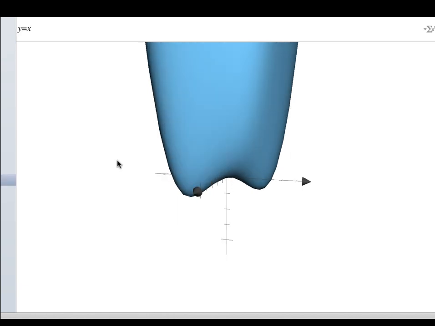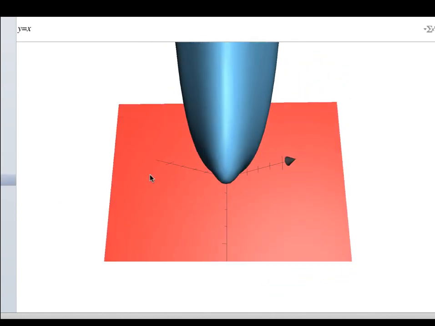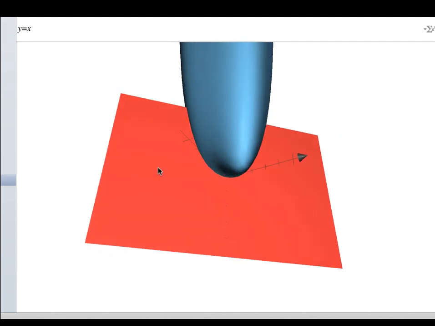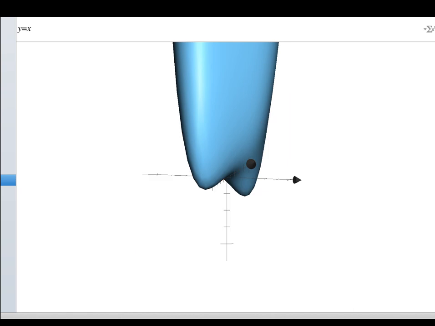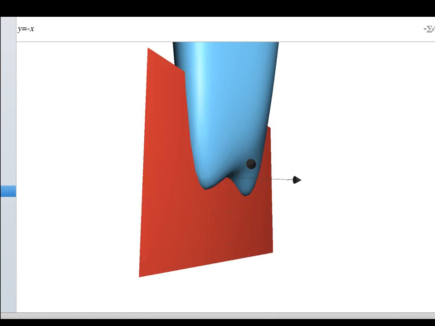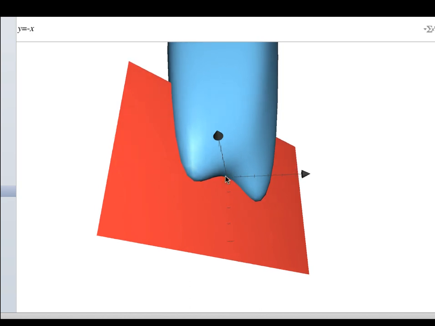The saddle point we could see by taking a look at the intersection of this surface with the plane y equals x, for example. We do that and we see we've got our curve that's concave up there. And if we take a look at the intersection of this surface with y equals negative x, we could see that at (0, 0) we've got something concave down. So in any neighborhood of (0, 0), we're going to have function values that are above that point and also function values that are below that point.